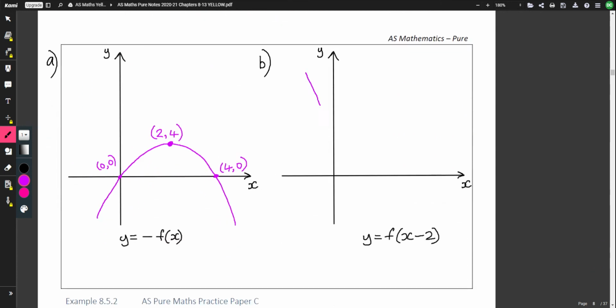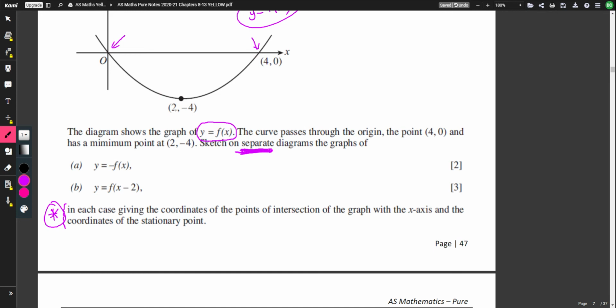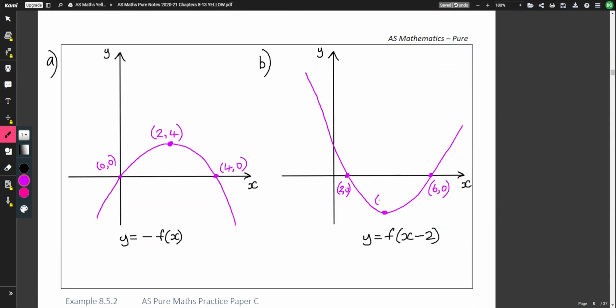So keep the same shape, but it'll now go through the x-axis at (2, 0) and (6, 0), and then the coordinates of the stationary point used to be (2, -4). It's moved 2 to the right, so now it'll be (4, -4).